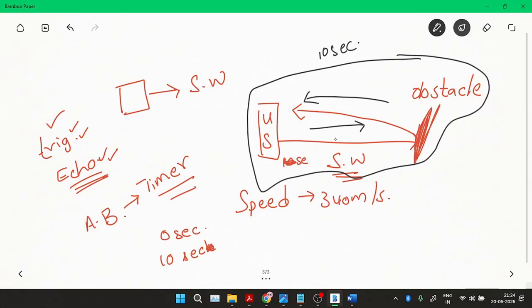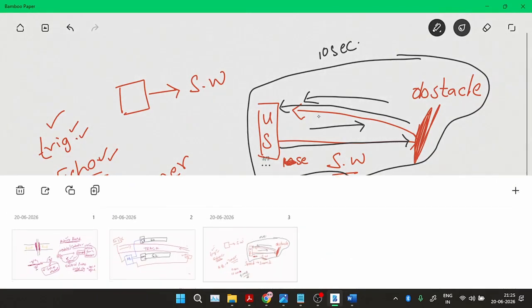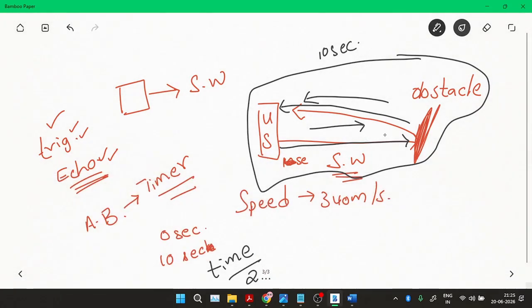It is at half of the distance, because the time taken by the sound wave to travel in the forward direction is the same as the time taken in the reverse direction. That's why I'm going to divide the total time by 2, because I need only the forward or the reverse direction, the trigger time duration or the echo time duration.